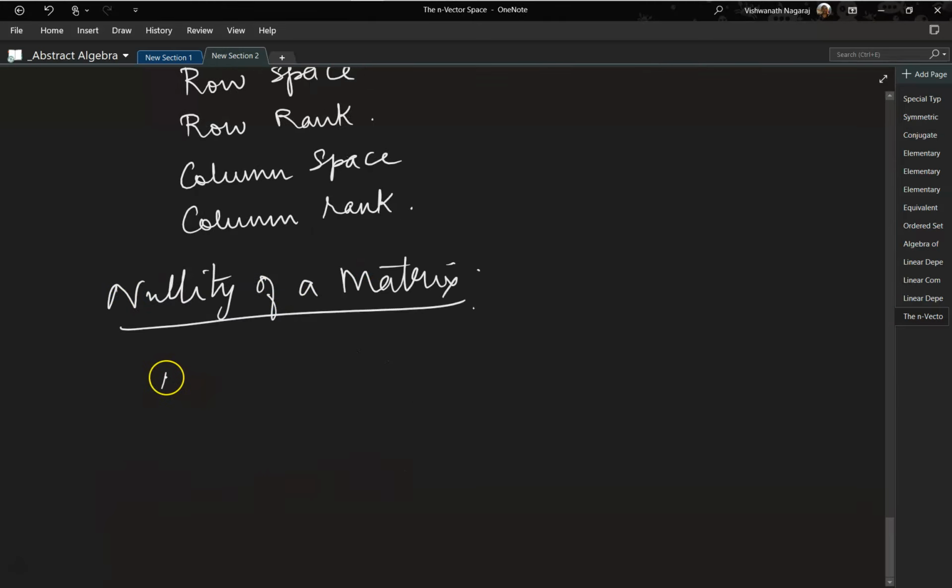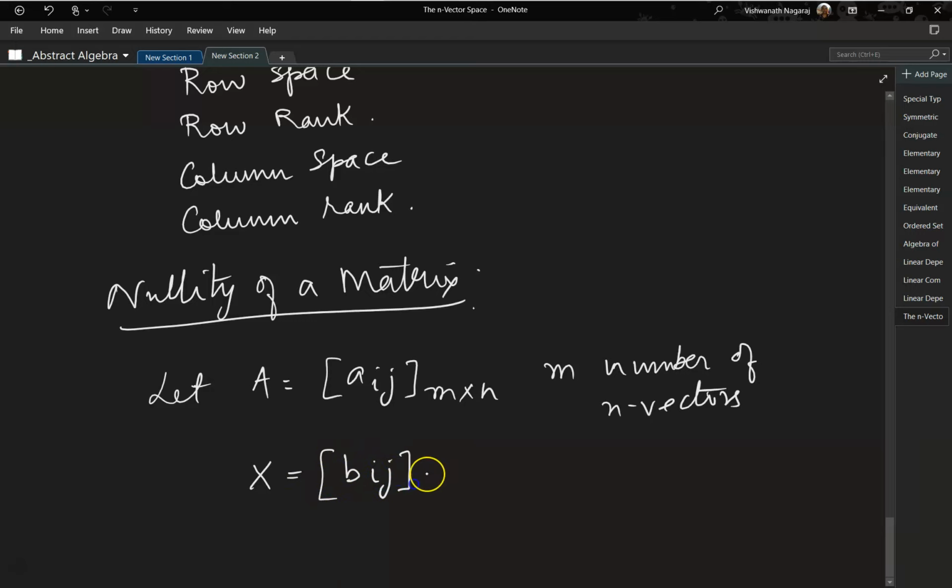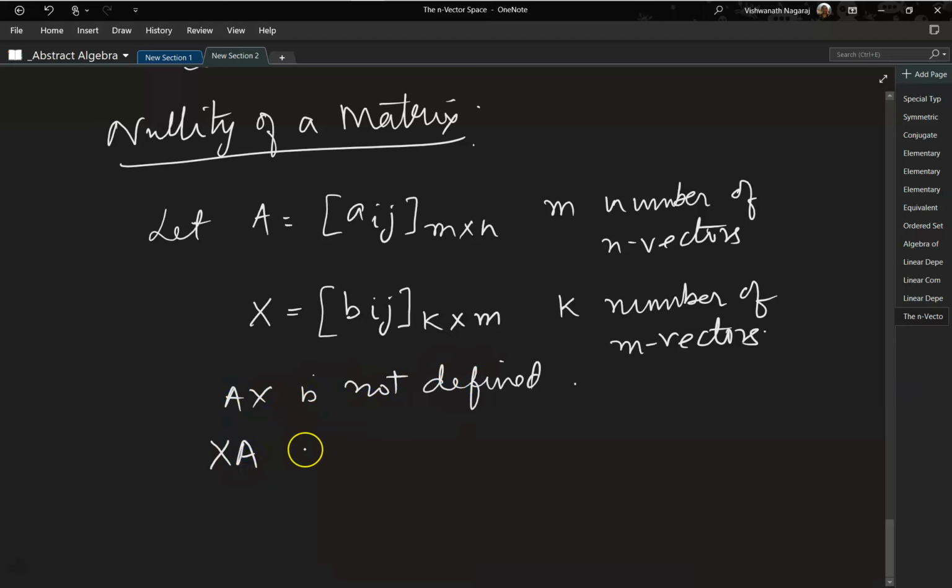So you have m number of n vectors, and let's say we have another matrix Bij, which is a k by m order matrix. So which means k number of m vectors. So here Ax is not defined. Xa is defined just by looking at this.